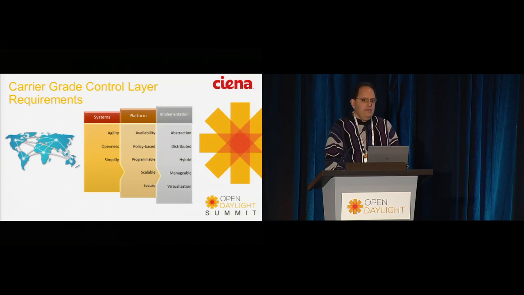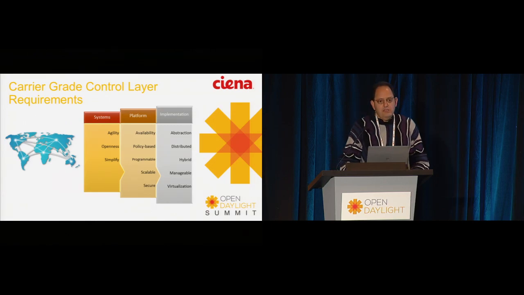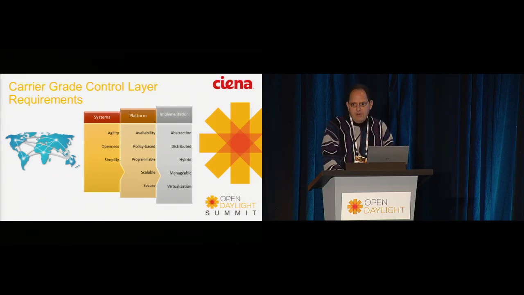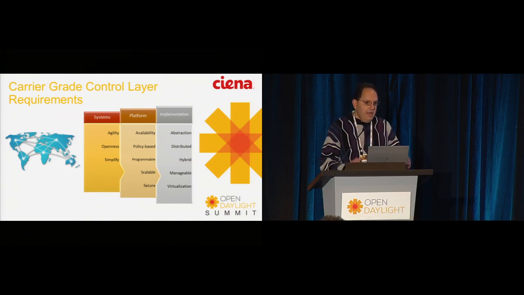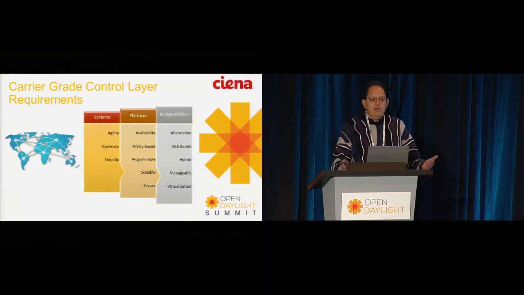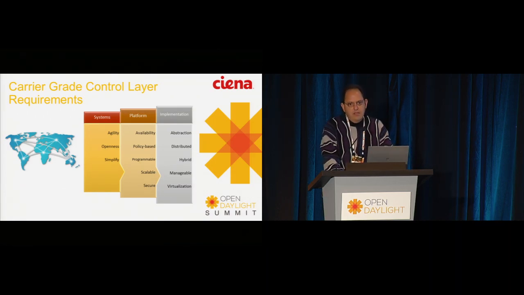Hybrid operation in the sense of being able to operate in an SDN world as well as being able to support existing protocols as well, not to mention legacy services that in the carrier timetable are going to span many years, if not decades, versus the way that commercial enterprise moves, even though in a lot of large enterprise we see the same kinds of properties, technologies that live on for quite a long time because of the difficulty and more importantly, the cost of being able to transform them.